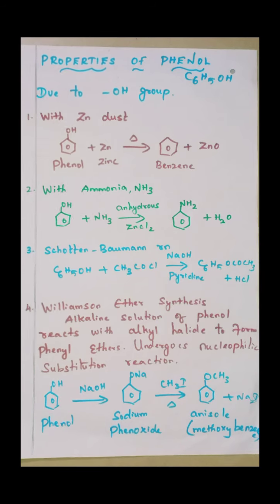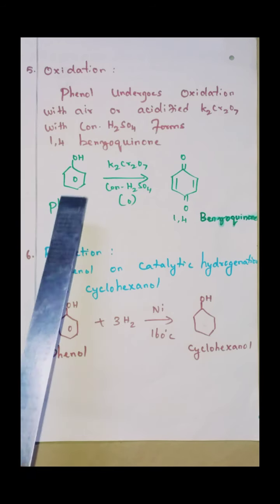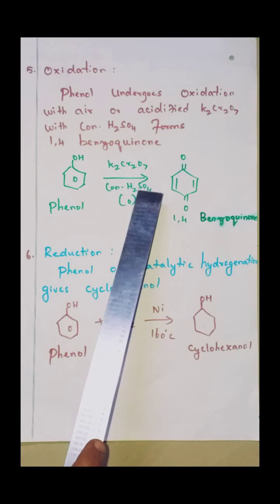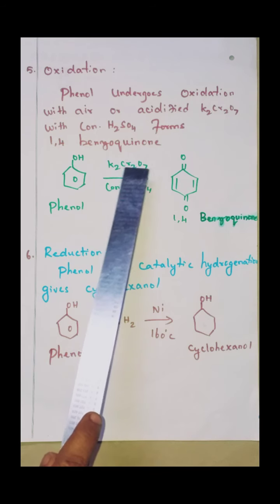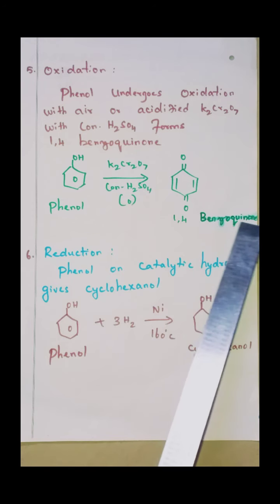Then continuing, the fifth reaction is oxidation. Phenol, when reacting with a powerful oxidizing agent such as acidified potassium dichromate, K2Cr2O7, forms a benzoquinone.